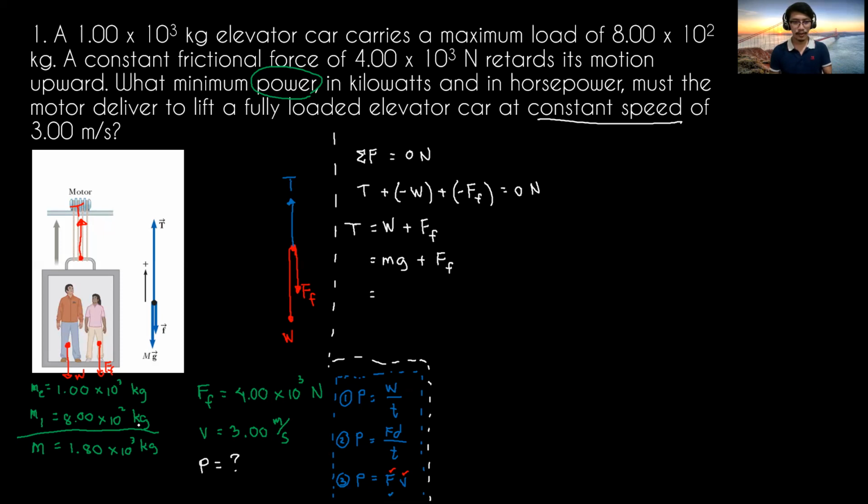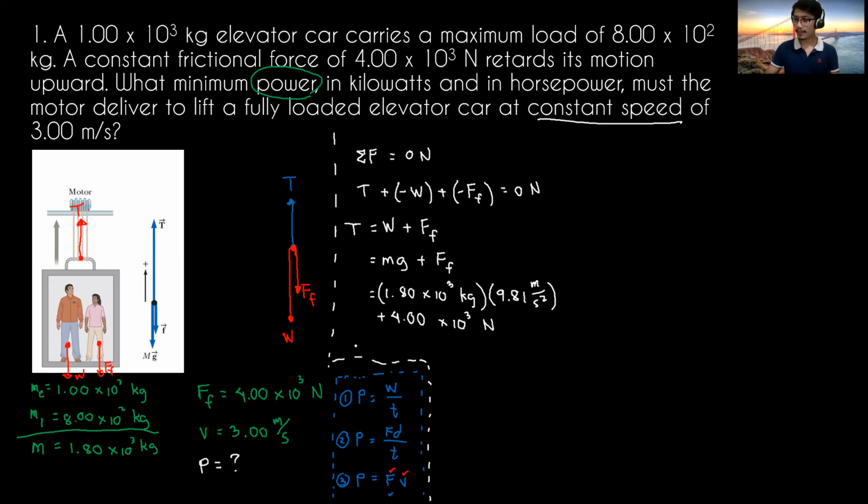So the total mass, we have 1.80 times 10 to the power of 3 kilograms multiplied by the acceleration due to gravity, which is 9.81 meters per second squared, plus the frictional force, which is 4.00 times 10 to the power of 3 Newton.